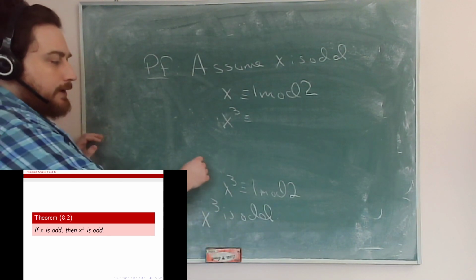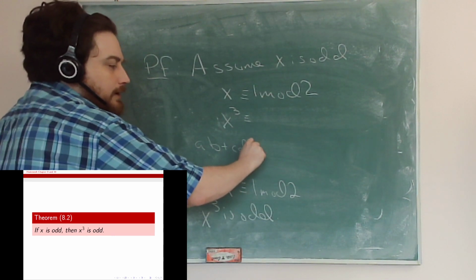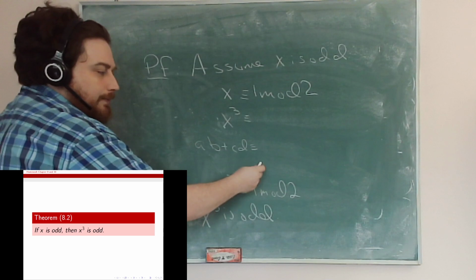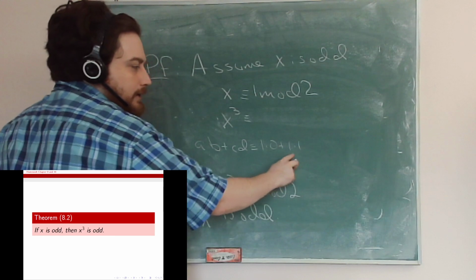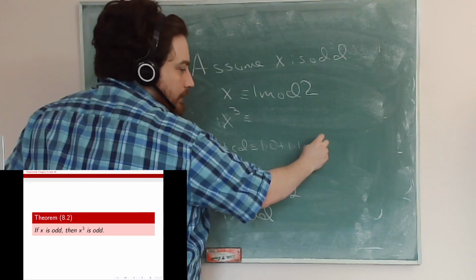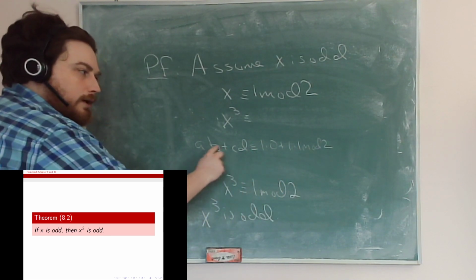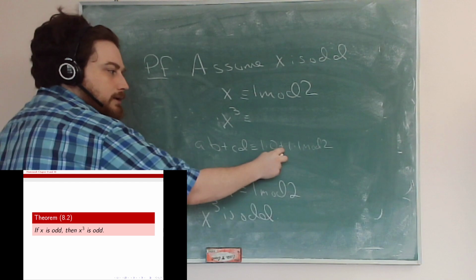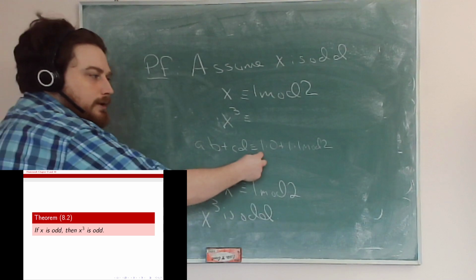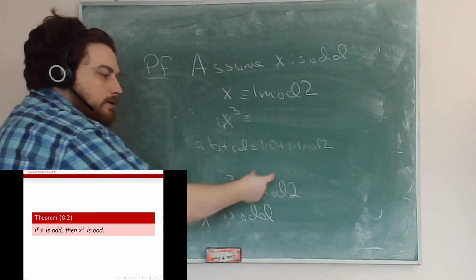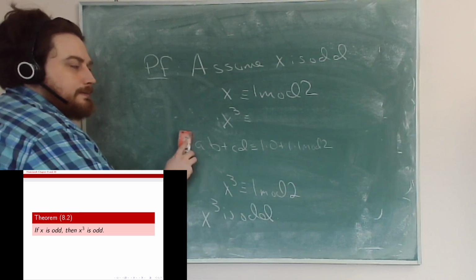So if I had something like A times B plus C times D, and I know that A is congruent to 1, B is congruent to 0, C is congruent to 1, and D is congruent to 1, instead of having to work through all of this and then find what it is mod 2, I can directly substitute in what each of these is congruent to mod 2, and I find 1 times 0 plus 1 is 1, so the solution will be 1. That was the big benefit of using modular arithmetic here.